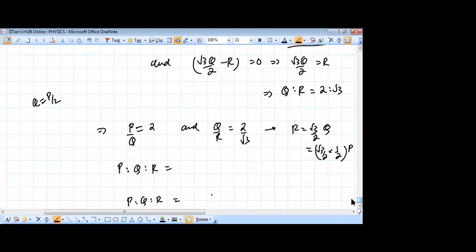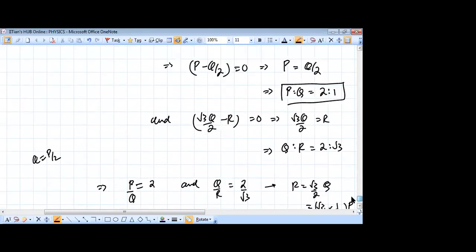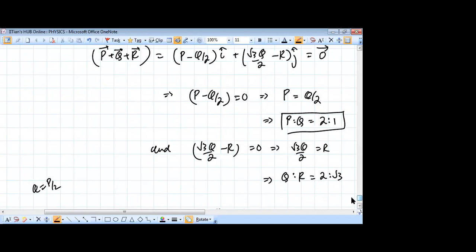This is P by Q. This is 1 is to 2. Okay, that's it. P is to Q is 1 is to 2, not 2 is to 1. And Q is to R is okay. This is fine. These are the two equations we have to make.